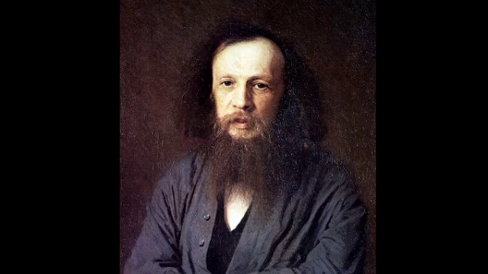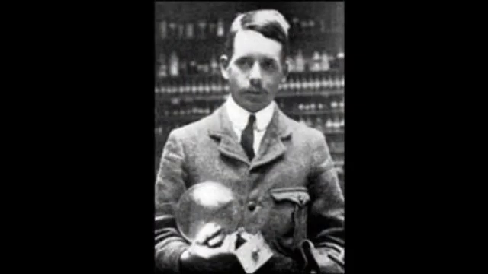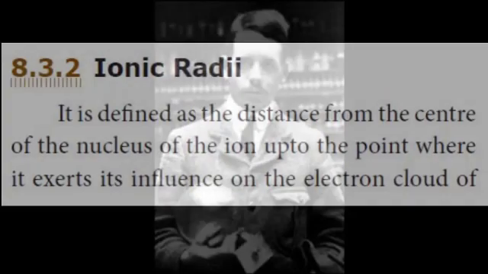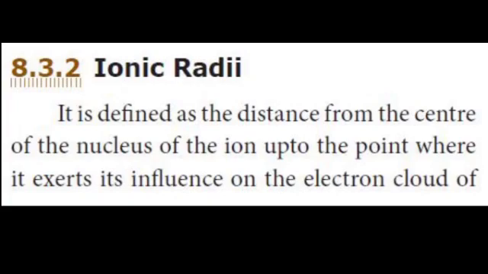Who is Mendeleev? The real credit for preparing the periodic table goes to Mendeleev. The credit for preparing the modern periodic table goes to Moseley. What is the difference between Mendeleev's periodic table and Moseley's periodic table?